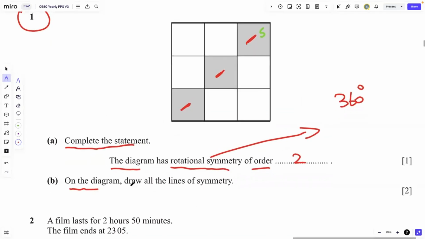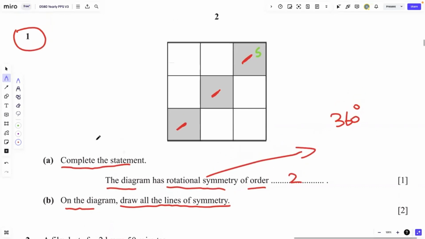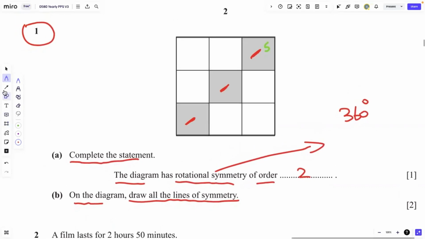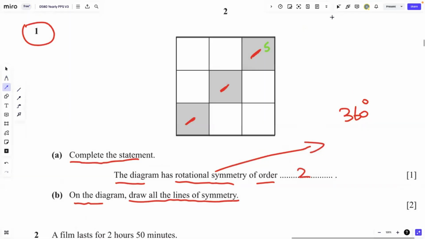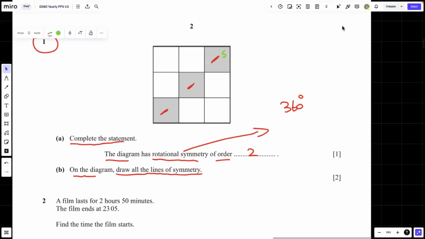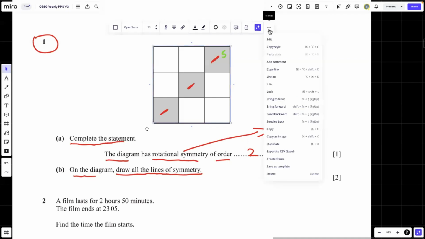On the diagram, draw all the lines of symmetry. So we're supposed to draw the possible lines of symmetry that we may have here. To draw the lines of symmetry, let's erase this up.